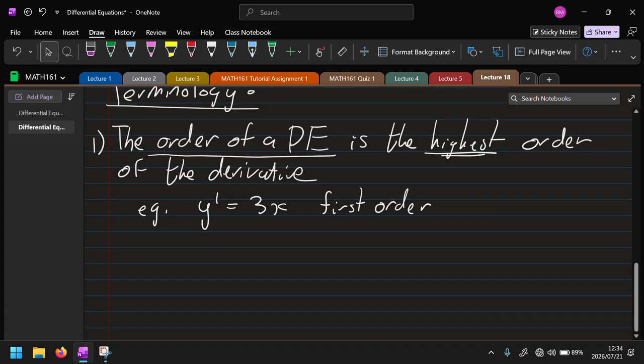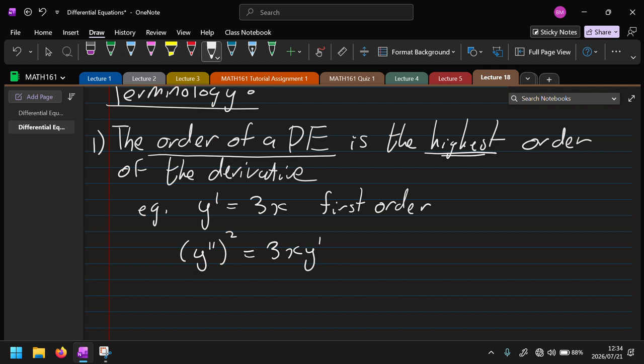Okay. And then another example, y double prime squared equals 3xy prime. Okay. Again, this is a DE. It's an equation of y and its derivatives. Here we've got y prime and y double prime, but the order is always the highest.